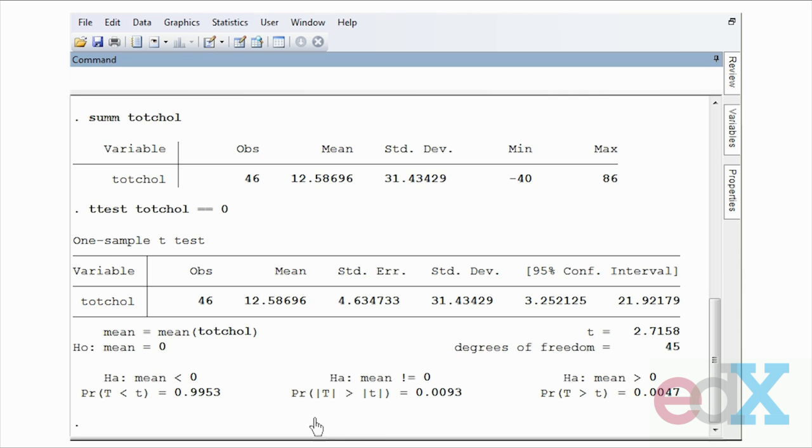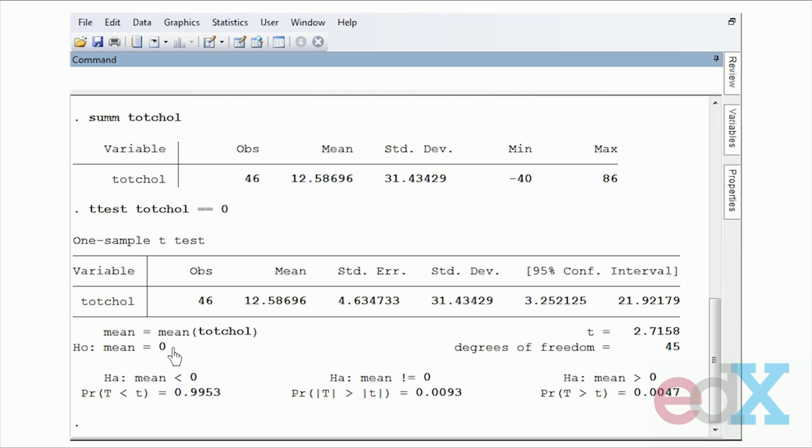Here it is, the total cholesterol. The 95% confidence interval for the difference in cholesterol levels between visit 2 and visit 1 is 3.25 to 21.92. So this does not include 0. So we know that the confidence interval approach to testing the null hypothesis that the difference is 0 would reject that null hypothesis at the 5% level.